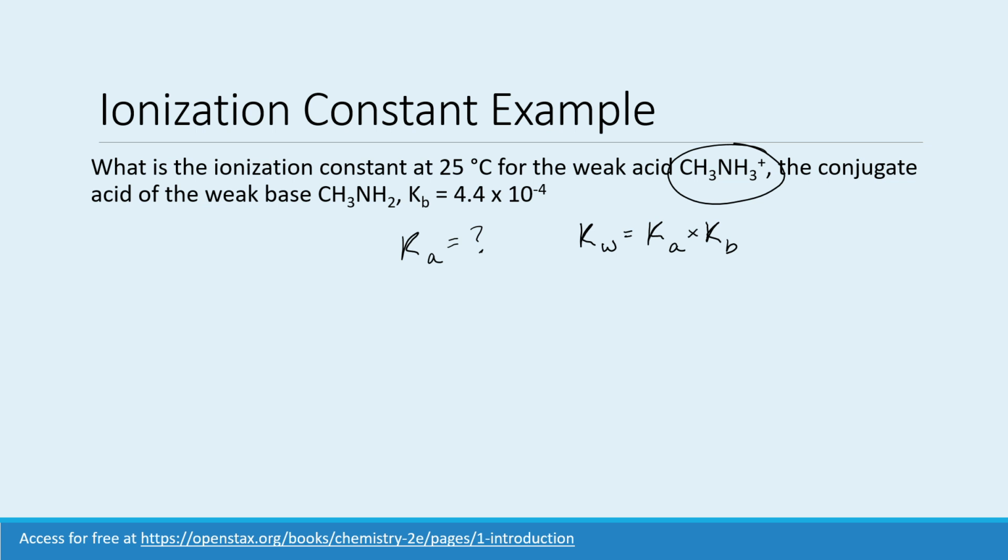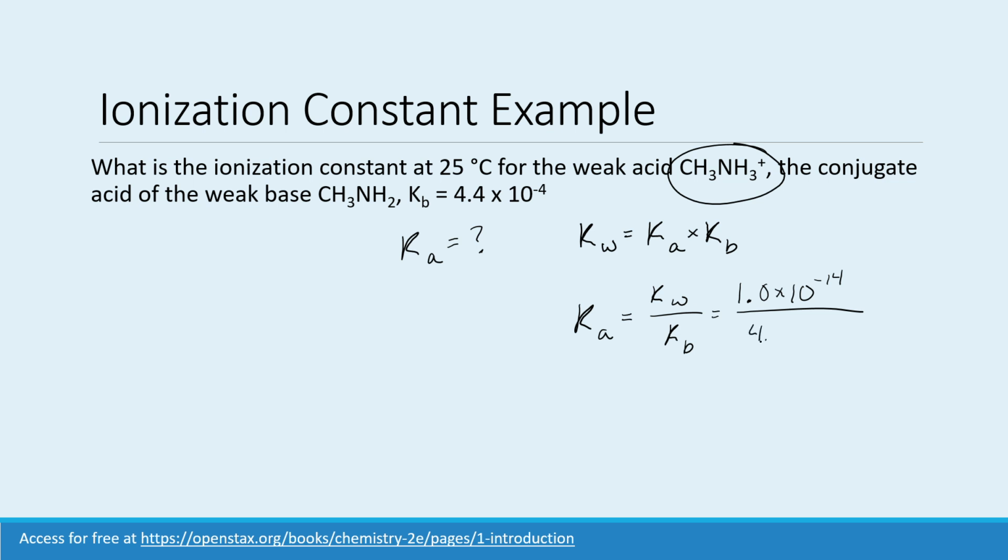And of course we can rearrange this equation where Ka will be equal to Kw divided by Kb. Okay, and the Kw is known at 25 degrees Celsius to be 1 times 10 to the negative 14th.